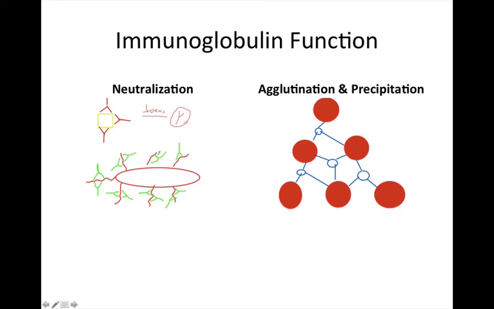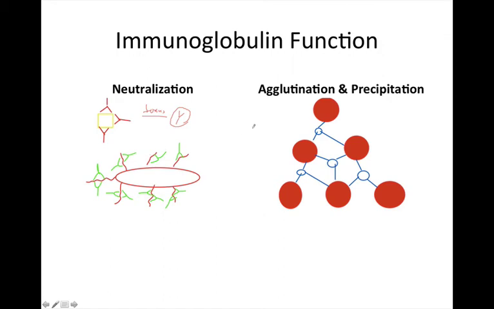But if a bunch of antibodies stick to flagella, weighing them down and preventing the bacteria from moving around, we neutralize that bacteria's ability to relocate itself. And by immobilizing it, it's a lot easier to kill it. It's a lot easier for a phagocyte to kill a stationary pathogen than one that's moving around. So that essentially is neutralization, neutralizing the function of something.